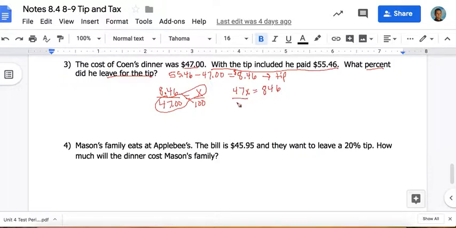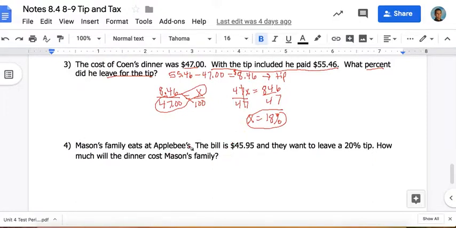I'm going to divide both sides by 47. These are going to cancel, one in disguise, and the answer is 18%. Okay, so that one was tricky. We really had to pay attention to the wording there.